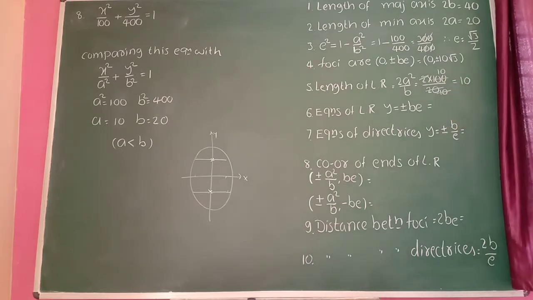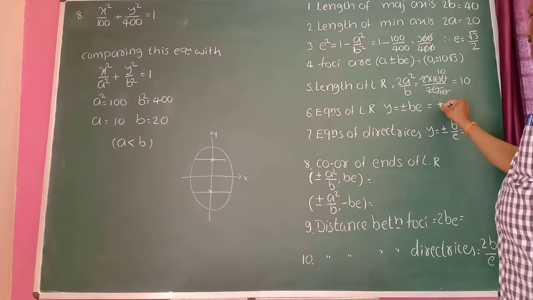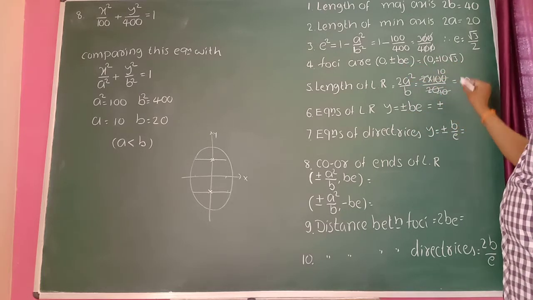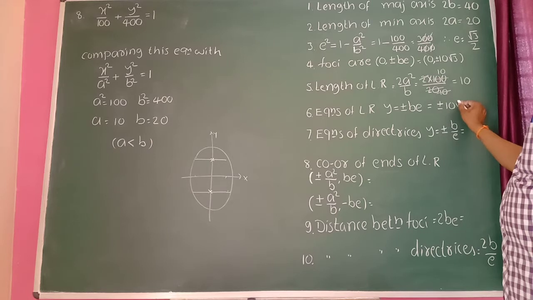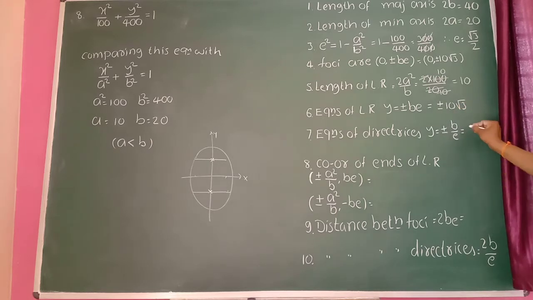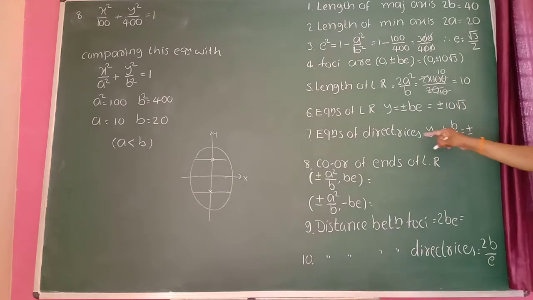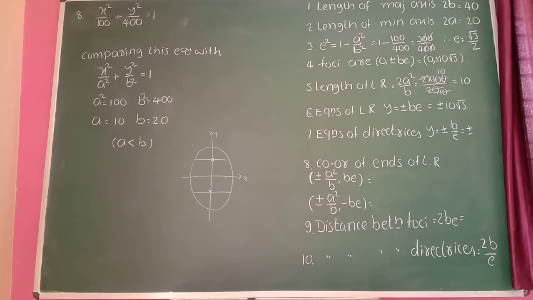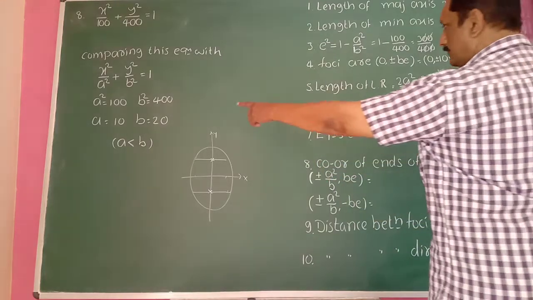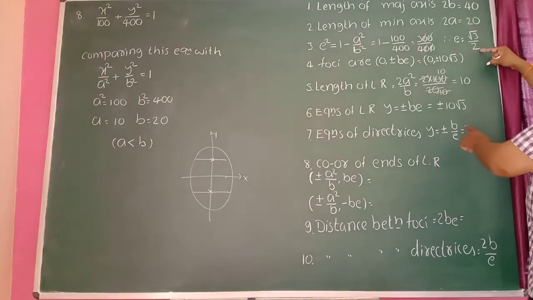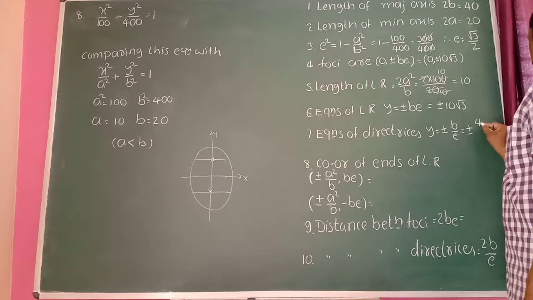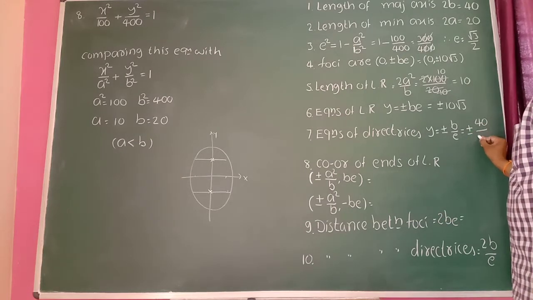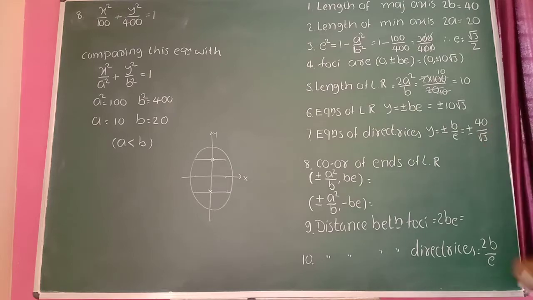Then y is equal to plus or minus b e, b e is 10 root 3. Then plus or minus b upon e gives the equations of the directrices: the b value is 20 and the e value is root 3 by 2, so 40 divided by root of 3.